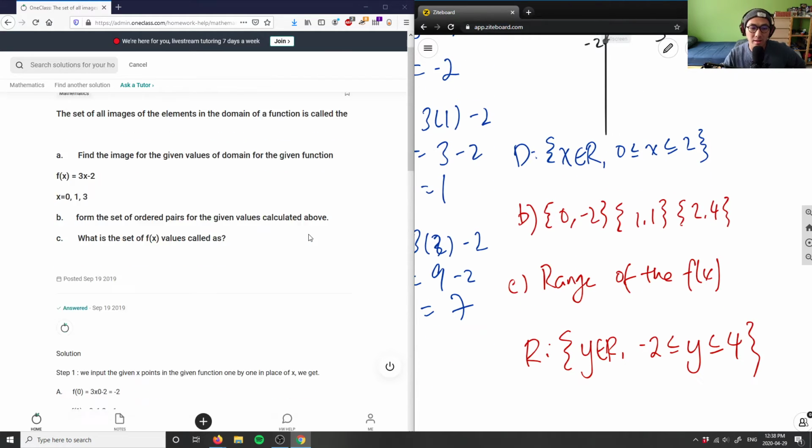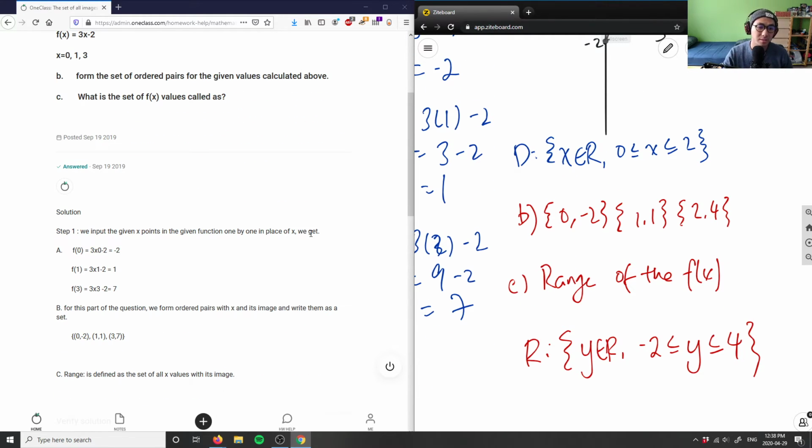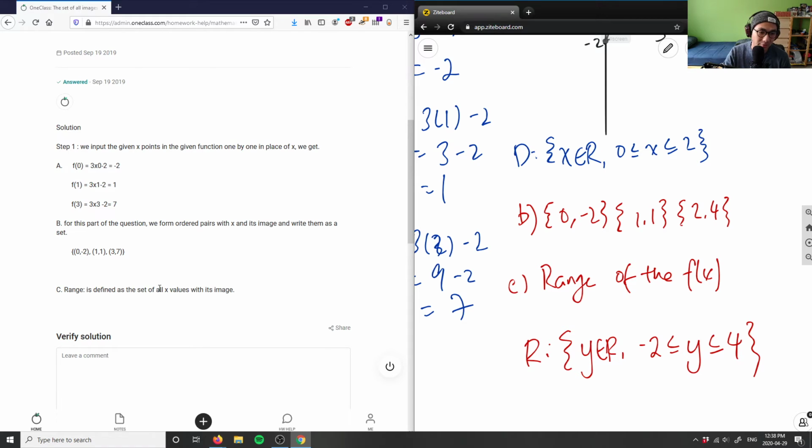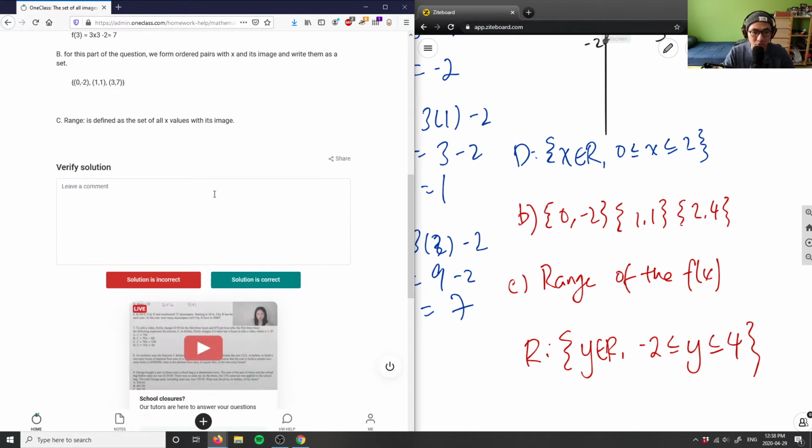And again, my range here is defined as a set of all y values, actually. So here, C says range is defined as a set of all x values with its image. So this answer here is incorrect, but all of these solutions are correct. So for this sake, I'm going to say A and B are correct.